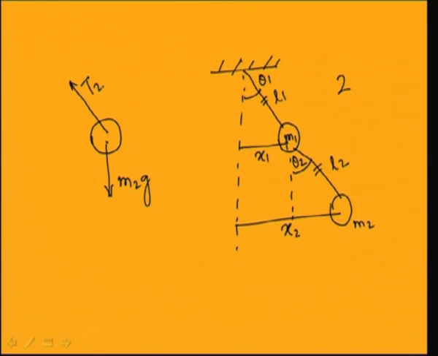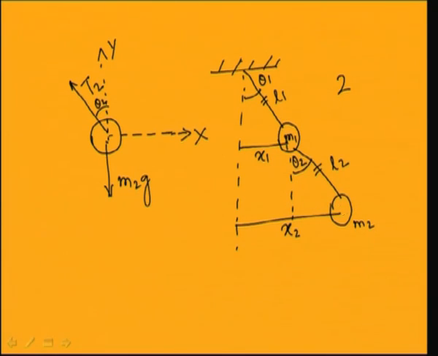I can take these m2g and tension to find the equation of motion. I can take an xy coordinate system, this is the x direction and this is the y direction, and as the second link makes an angle theta 2 with the vertical line, this angle is theta 2. Resolving these forces, I can write the equation of motion.